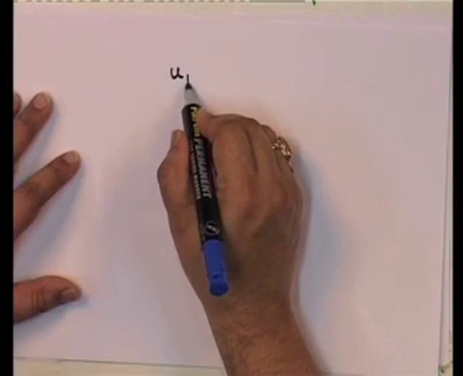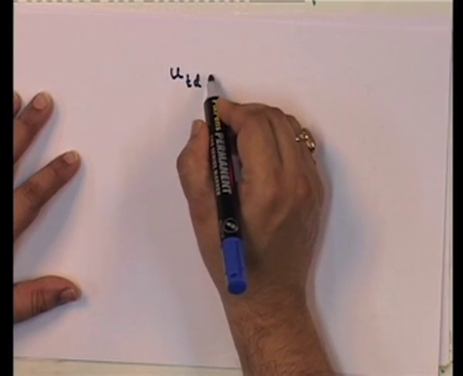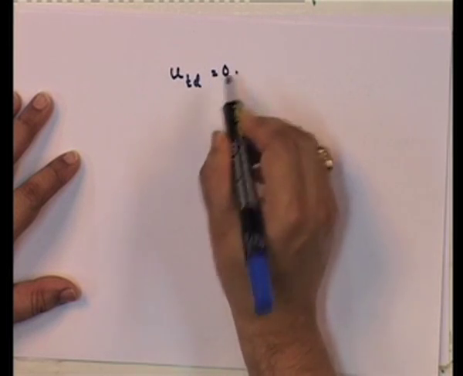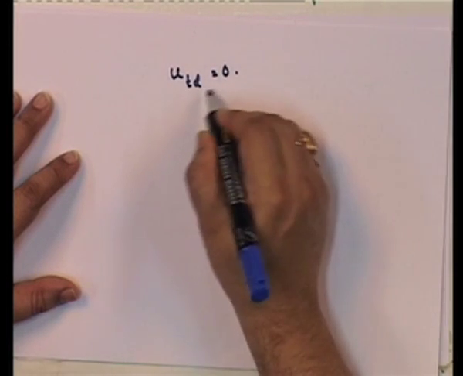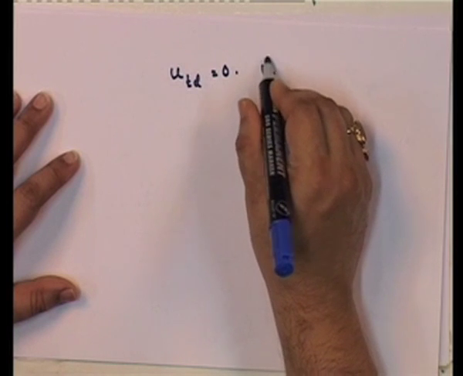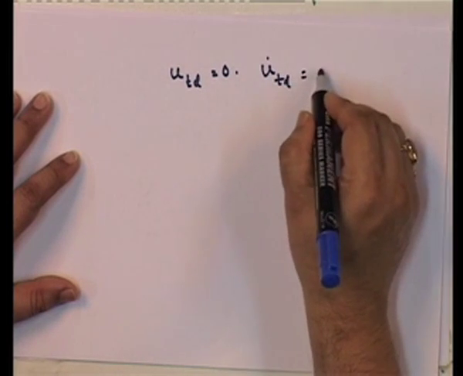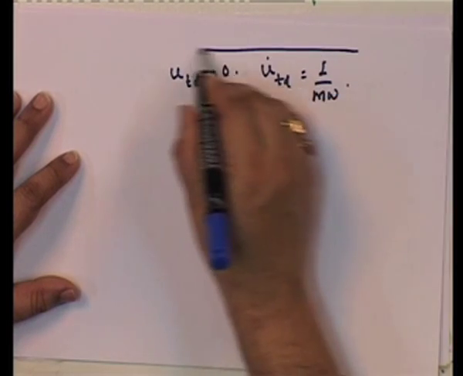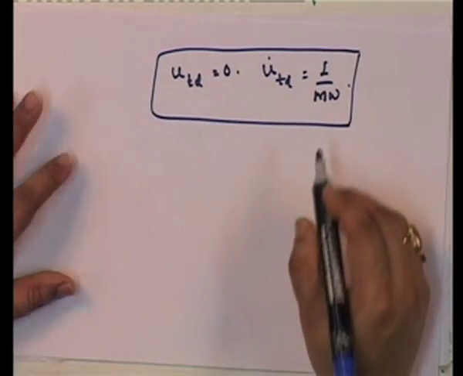We did see that you had a situation where u of T d is equal to 0, where T d is the end of the impulse, and u dot of T d is equal to I upon m omega. Now, this is the simple harmonic motion.